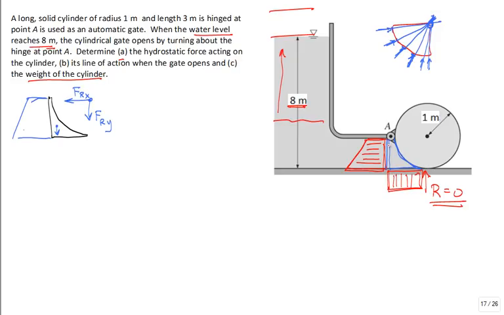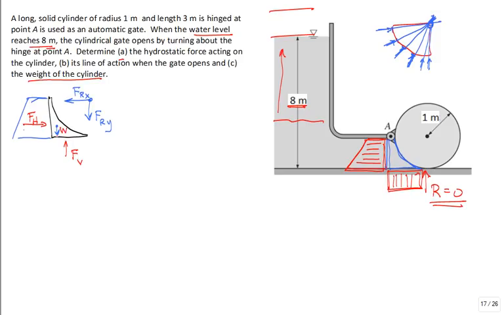So, let's do this. What is the magnitude of the hydrostatic force pushing in the horizontal direction? And what is the magnitude of the hydrostatic force pushing in the vertical direction? And what is the weight?